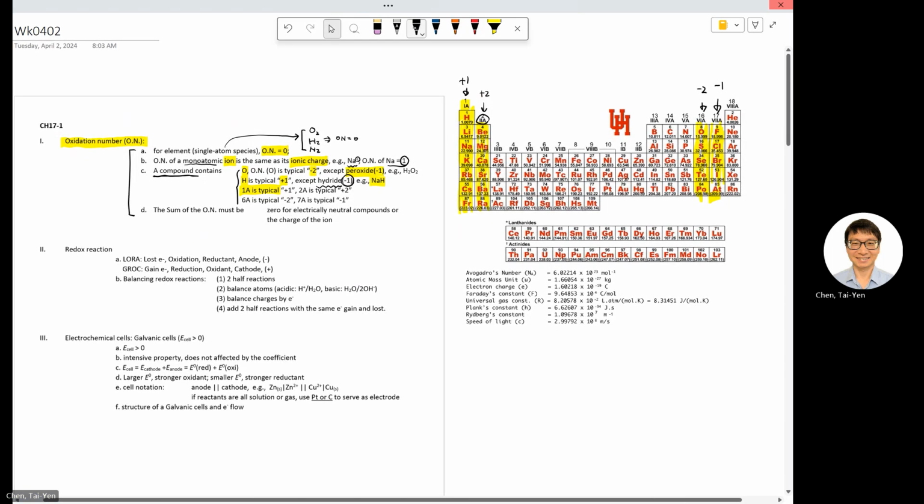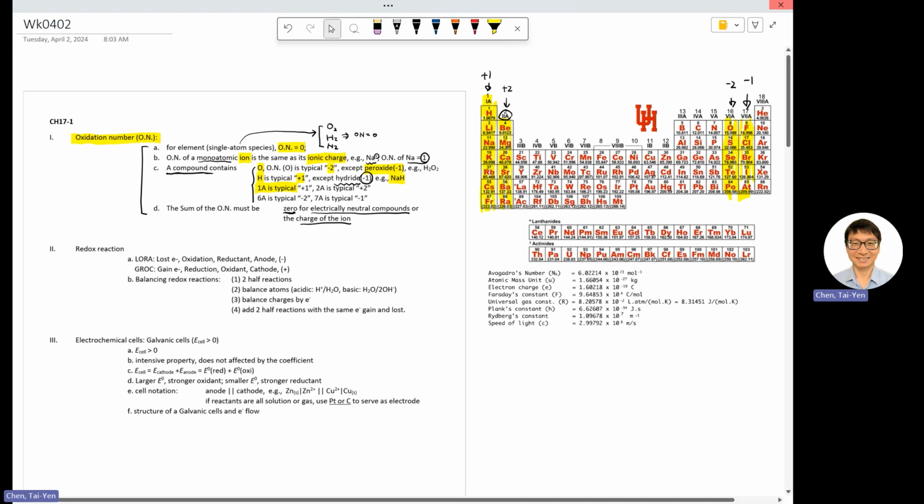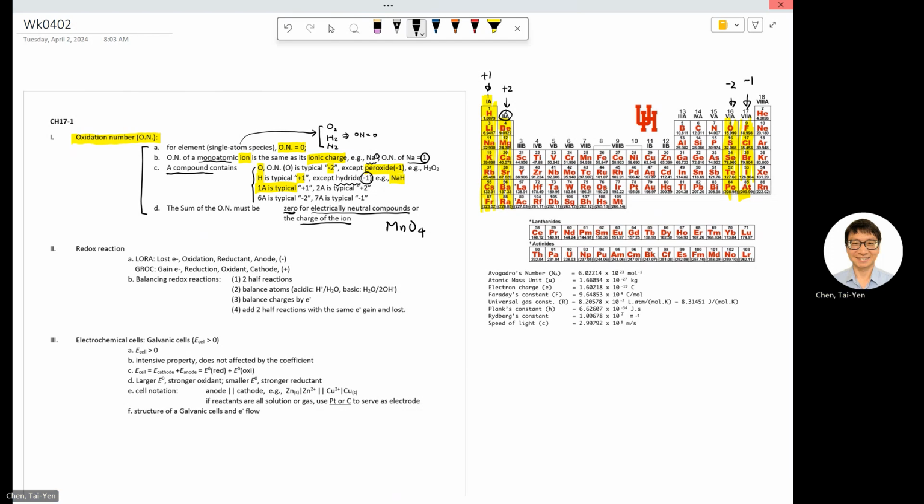The very last rule is that the sum of the oxidation numbers of a compound must either be 0 for an electrically neutral compound, or equal to the charge of the ion. For example, if you have a compound, let's say MnO4, this species by itself is neutral.